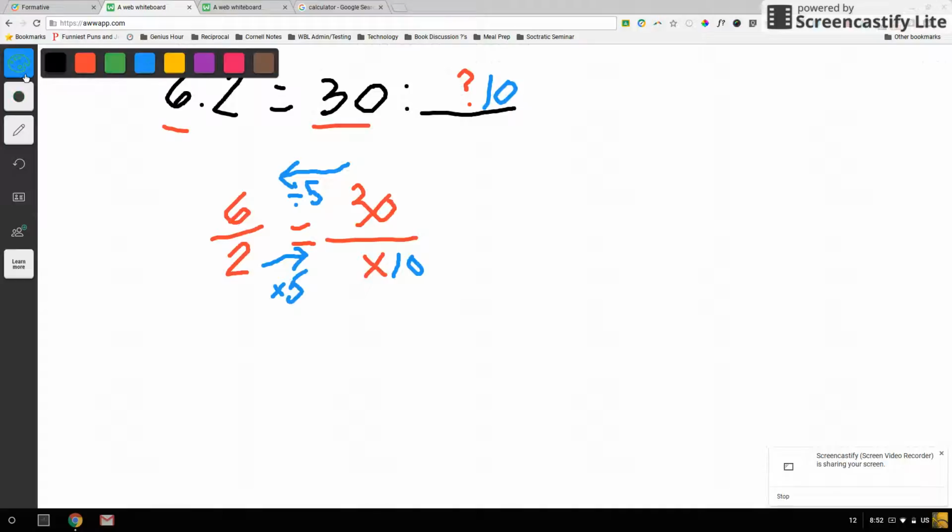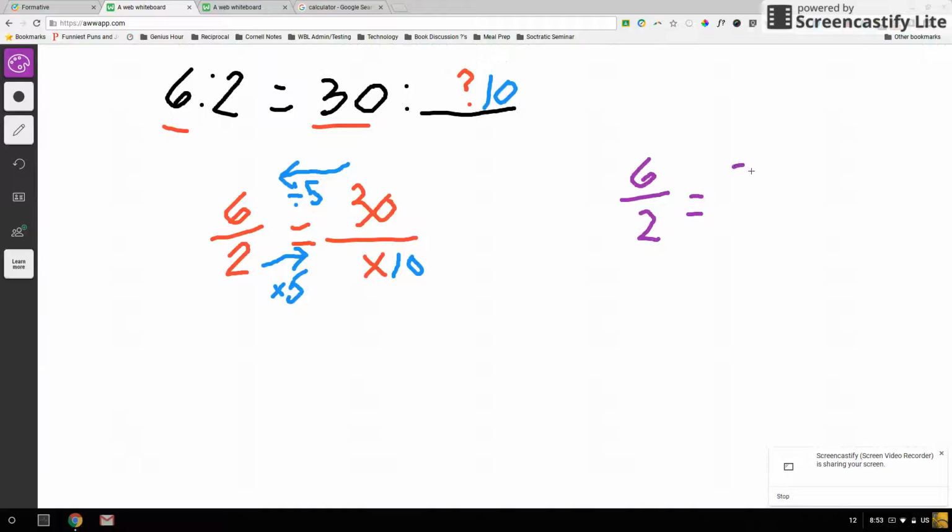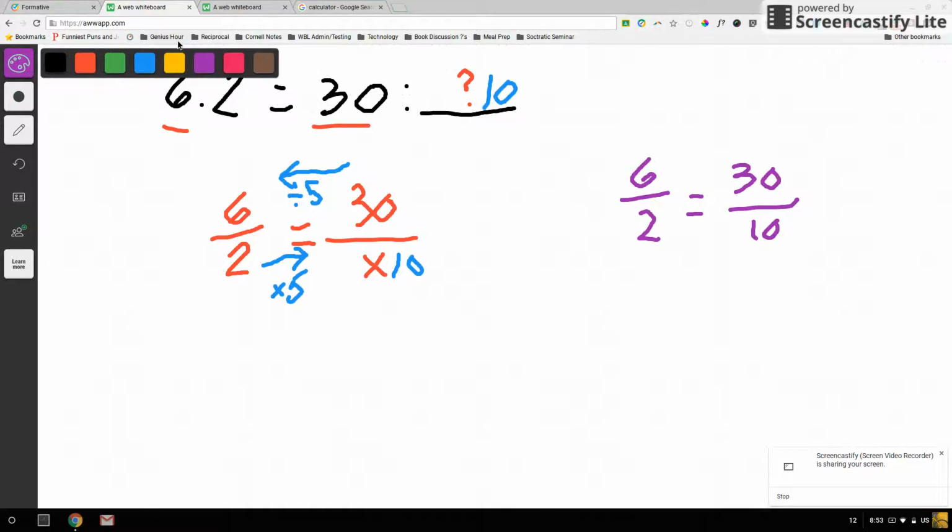Now, I'm going to show you a strategy on how to check to see if a ratio is equivalent or not. So I'm going to do the same thing, and I'm going to set it up with fractions. 6 over 2 equals 30 over 10. That's what we tried to figure out. We're going to use a strategy called cross multiplying, which means I multiply kind of in an X. I'm going to multiply cross numbers.